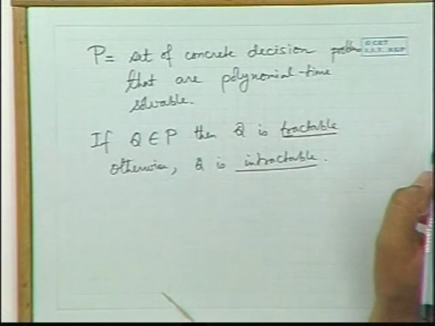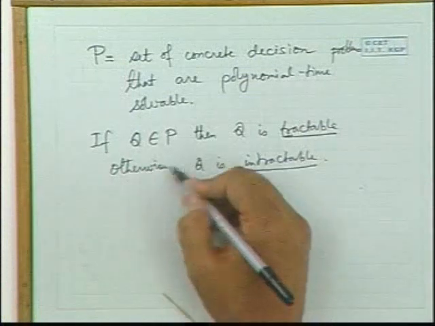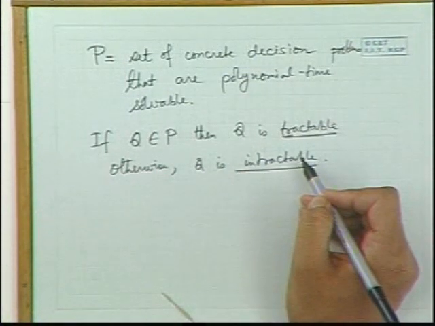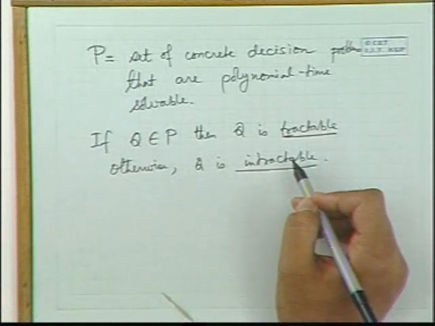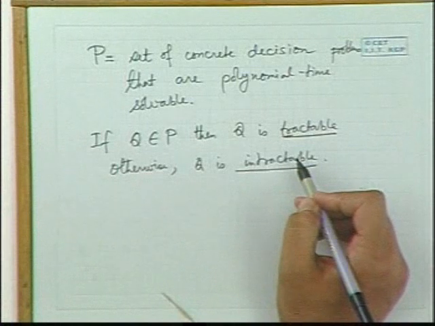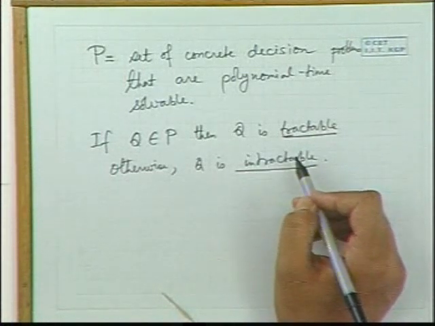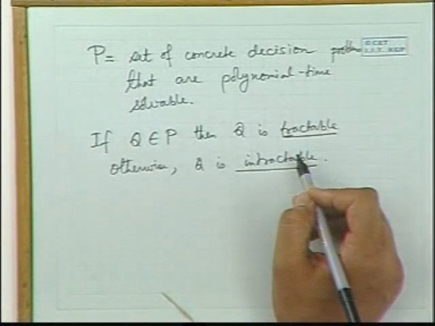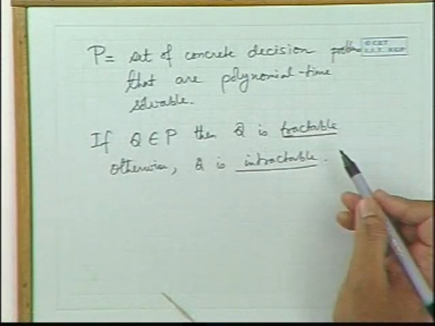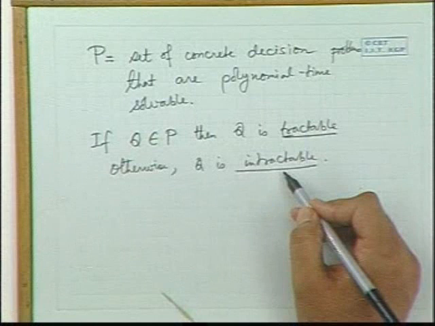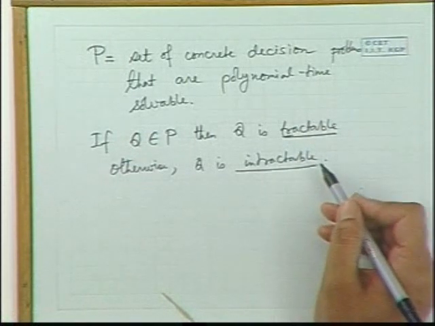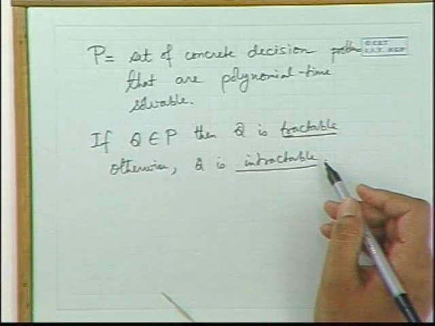But you need to know that Q does not belong to P to say that Q is intractable. Intractability does not necessarily mean that you cannot solve the problem. It only says that it cannot be solved in polynomial time. So people sometimes use these terms, tractable and intractable. This tractability is with respect to the polynomial time solvability of the problem.